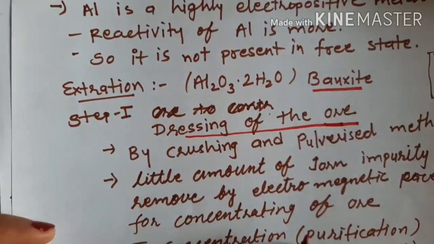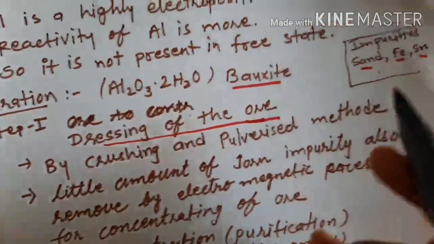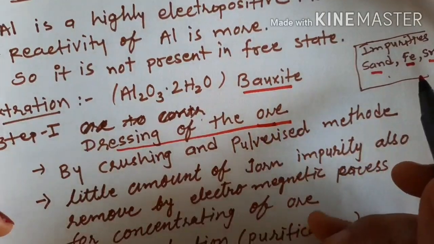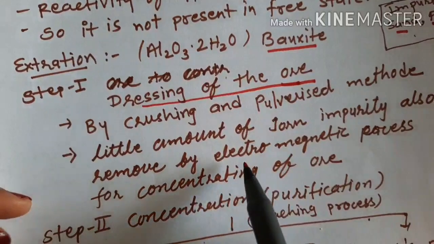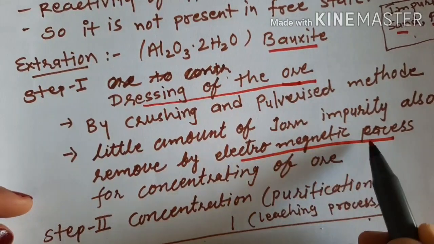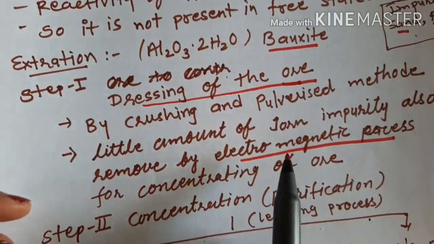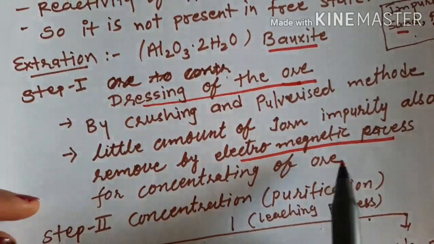During this pulverizing, if iron impurity is there, a little amount of the iron impurity can also be removed by the electromagnetic process. Electromagnetic process means a belt which has a magnet wheel, as we learned in the last period.